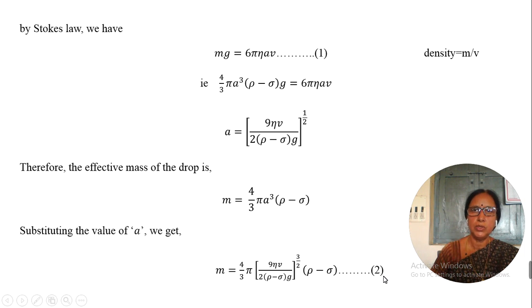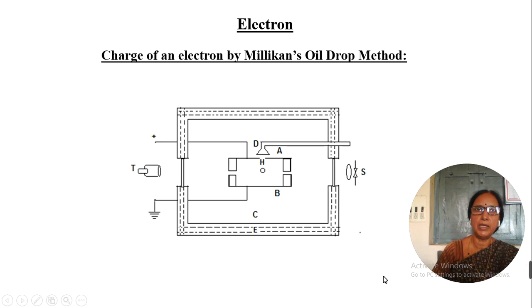Now let us apply an electric field, with positive potential connected to the upper plate. Once the potential difference is maintained between the plates, the drop starts moving upward with a constant velocity v1.